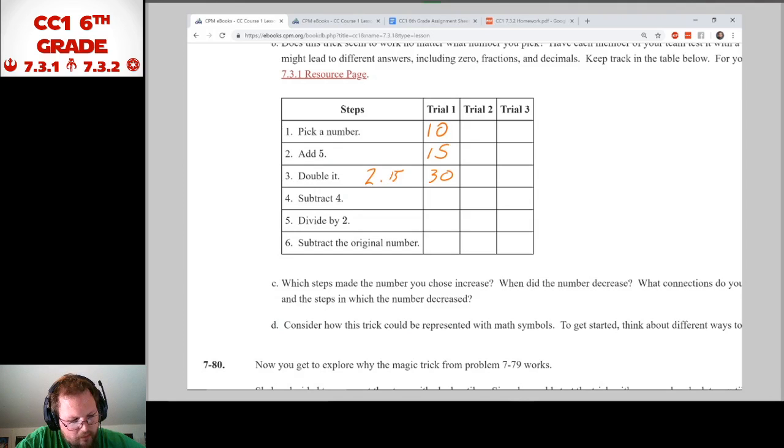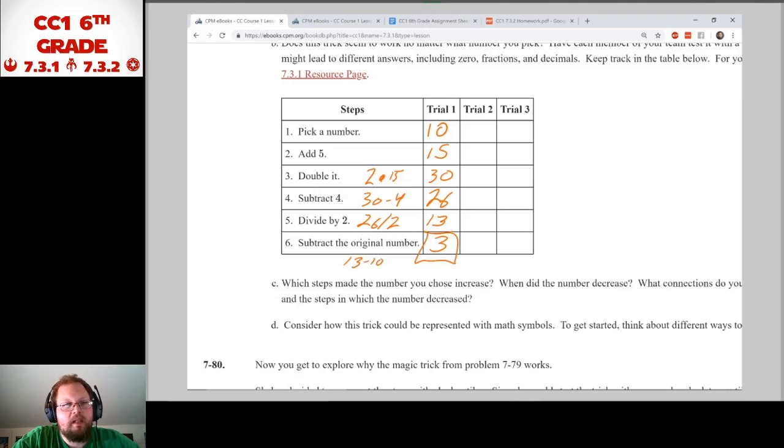I will subtract 4, and I will have 26. I'm going to divide that number by 2 to get 13. Then I'm going to subtract the original number, which is 13 minus 10, putting me at 3.